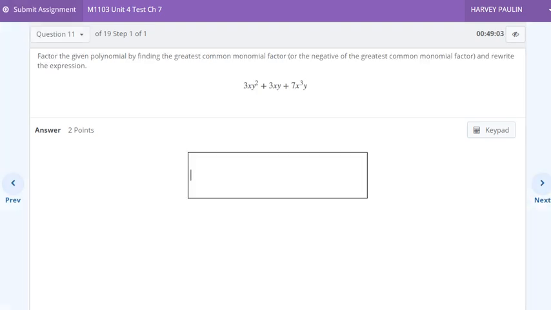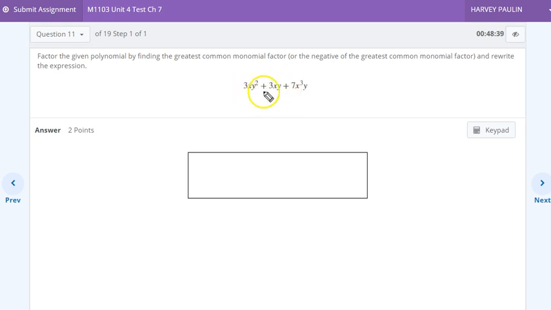Now here they want us to factor this by taking out the greatest common factor. So we look for the numbers 3, 3, 7. There are no common factors other than 1. Now here we have an x to the third.